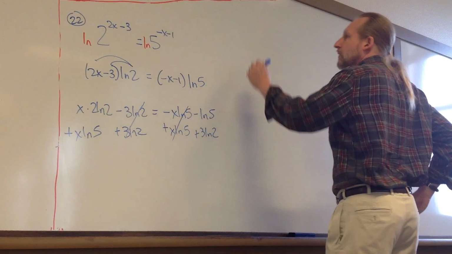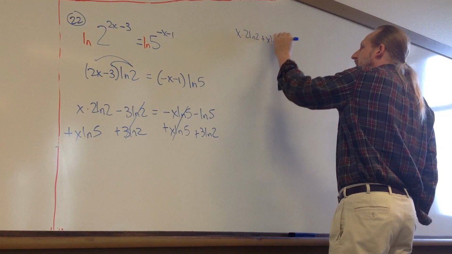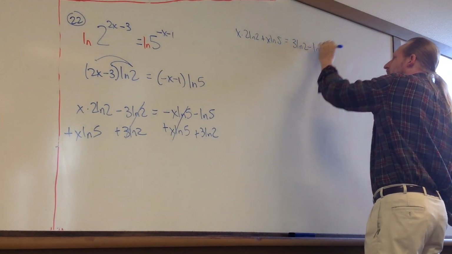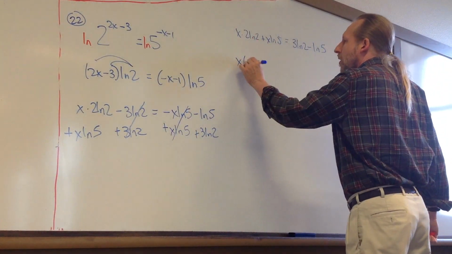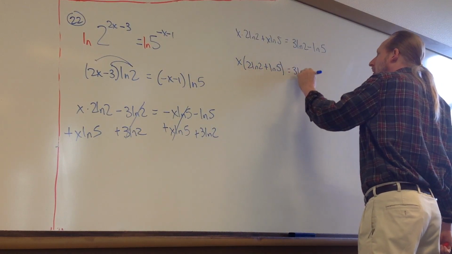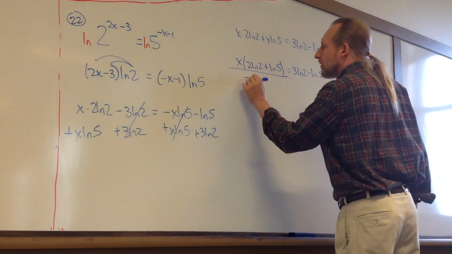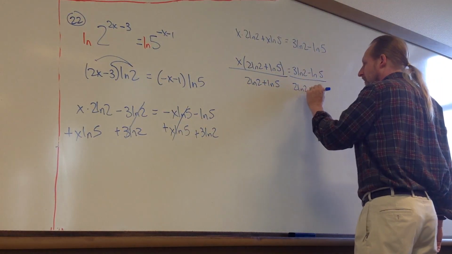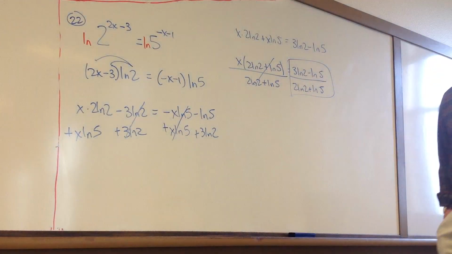So we'll get x times 2ln2 plus x ln5 equals 3ln2 minus ln5. And then we got to factor out the x here. All right. Then we're going to divide on both sides by 2ln2 plus ln5. Those cancel out. And there's our exact answer.